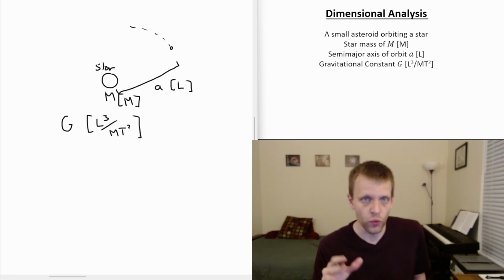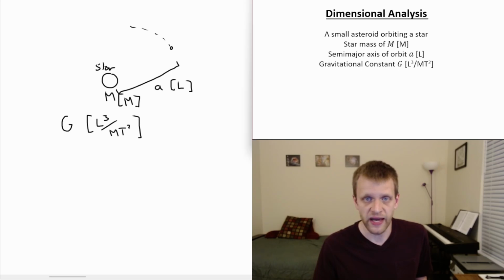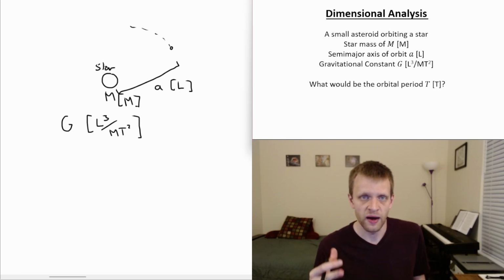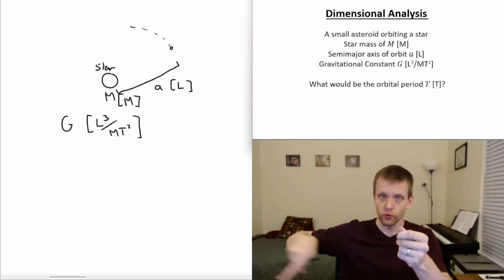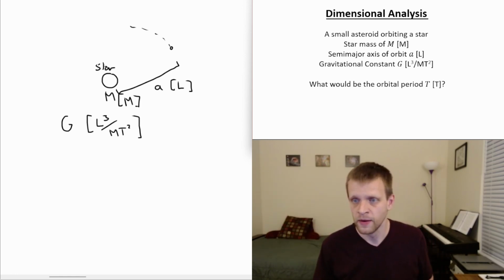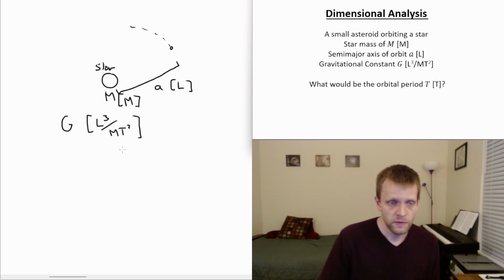Okay. So what we want to do again in this is try to identify a characteristic scale. In this case, I want to find out what would be the orbital period for this motion. You know, approximately how long will it take to go through one of these full orbits? Well, we want to find a time, and the only thing that has time in it right now is this gravitational constant.